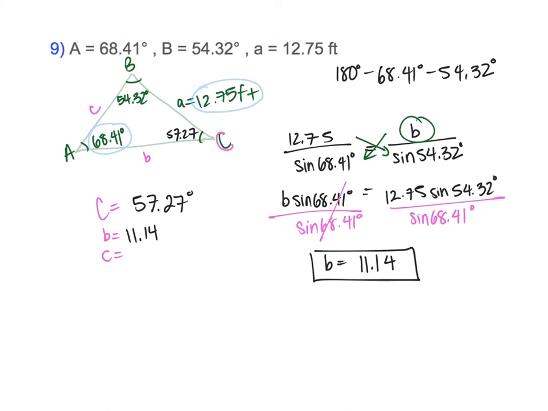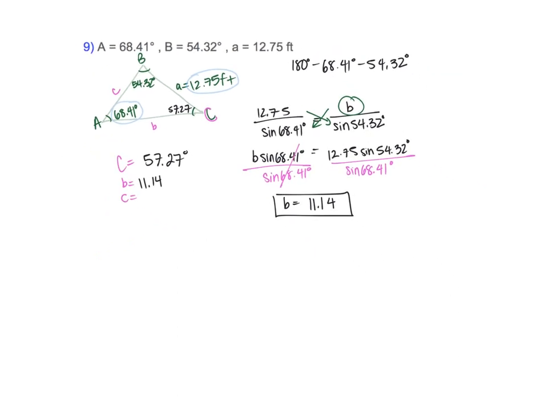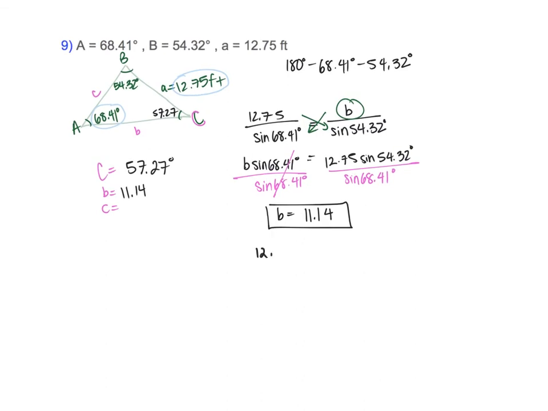If I want to figure out what c is, I do the same thing. So here's the nice part. I already have the equivalents for my a. So this is just the proportion for the side length for a and then the sine of A. So instead of having b here and b's angle, I'm going to have c's angle and c's the variable here. So I'm going to scooch this over. I'm going to rewrite the first part the same. So this is just the side length of A and then the angle for A. And this is going to be equivalent to c over sine of the angle 54.32.